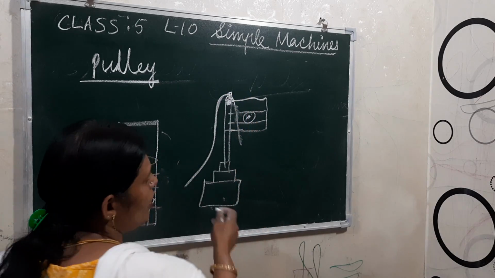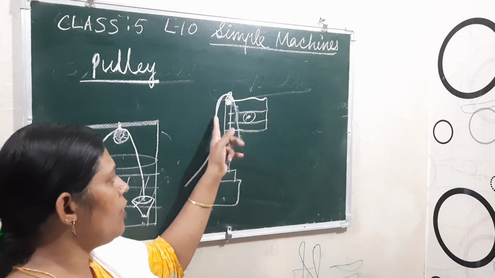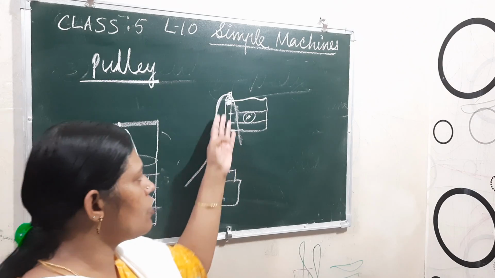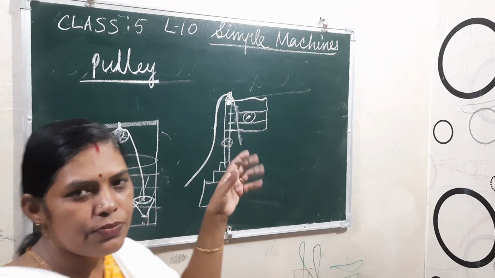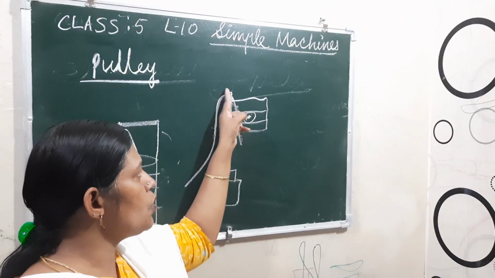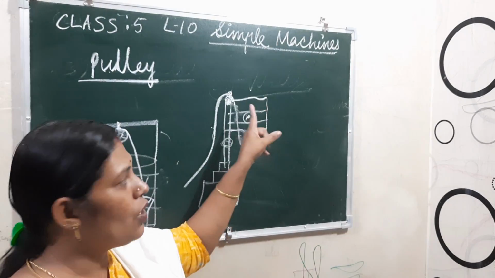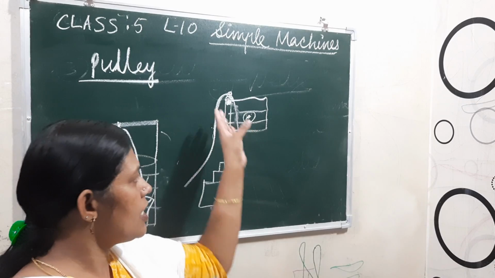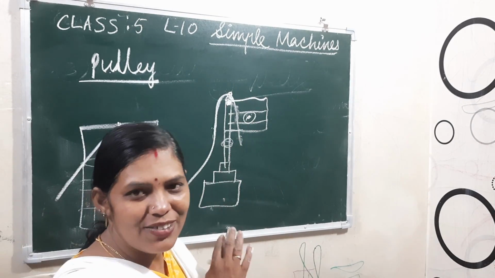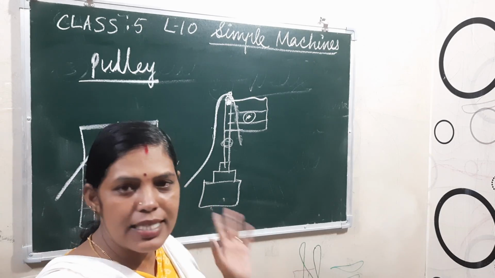After lifting it up, we tie this rope over here. The same way we do it for unfurling also. So through this small pulley, we can easily hoist the flag. This is the simple pulley.